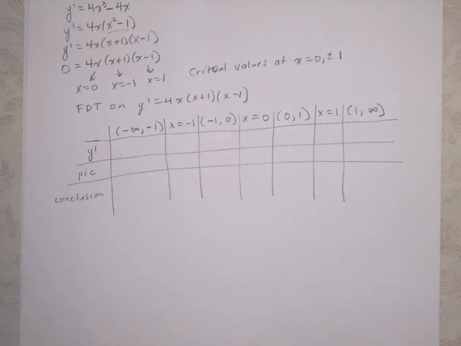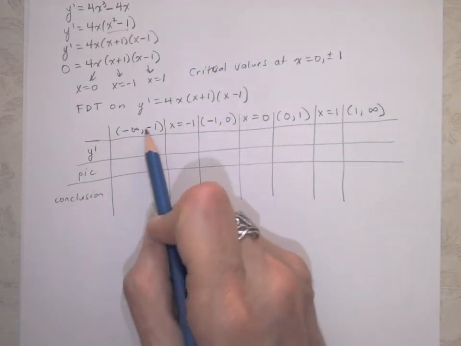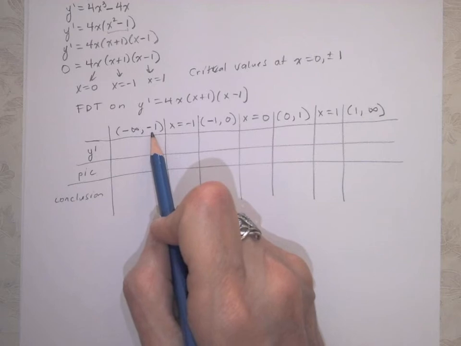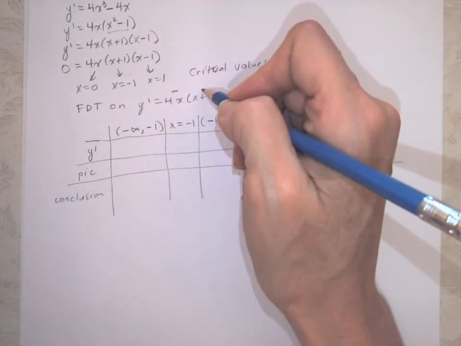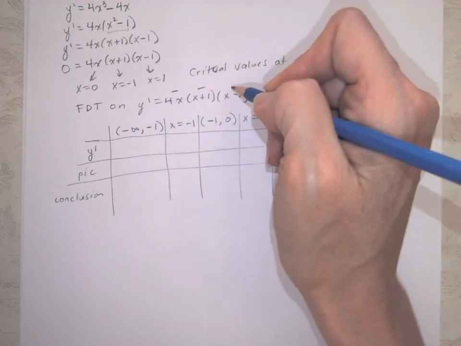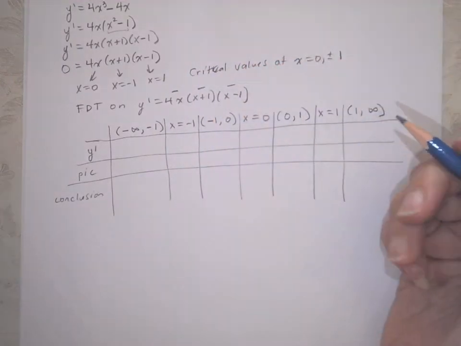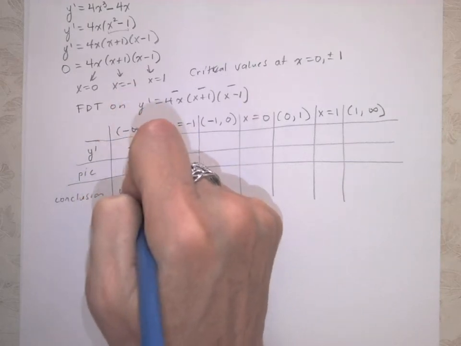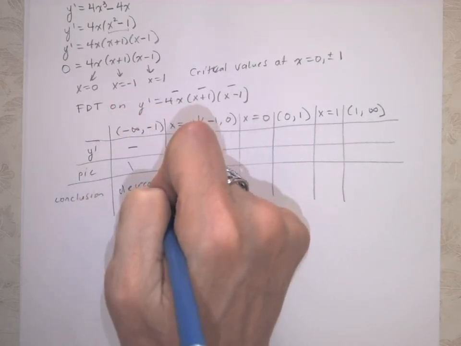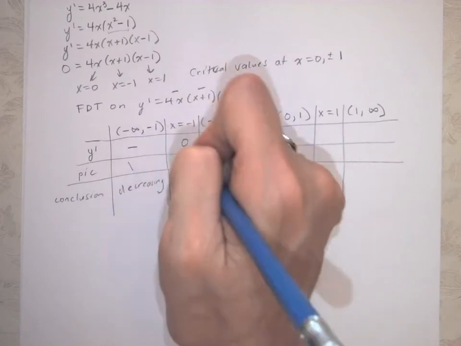So I'm going to choose -2, which fits in the interval -∞ to -1. That would make 4x negative, x + 1 negative, and x - 1 negative. So 3 negatives make a negative. I'd be decreasing. The derivative is 0 at x equals -1.